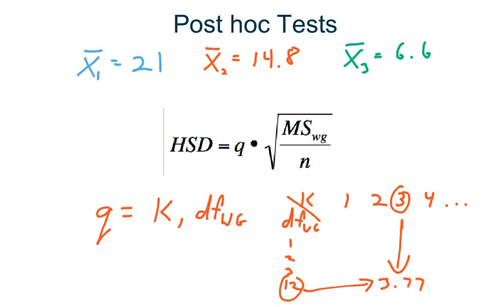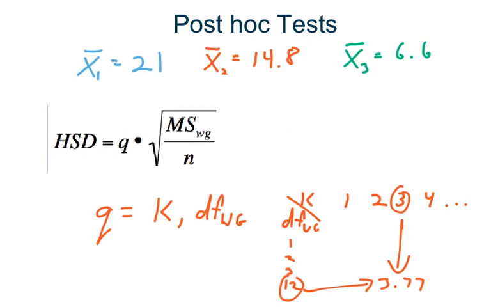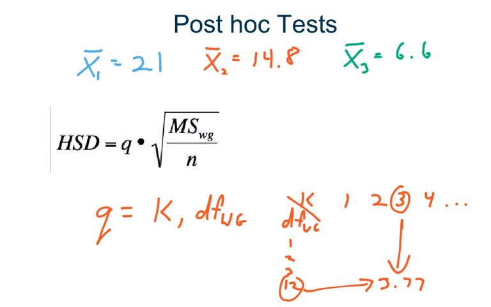Otherwise, everything else looks pretty similar. I'm going to move this formula aside so we can complete our calculation of the honestly significant difference. We're going to take 3.77 and multiply it times the square root of our mean square within groups.